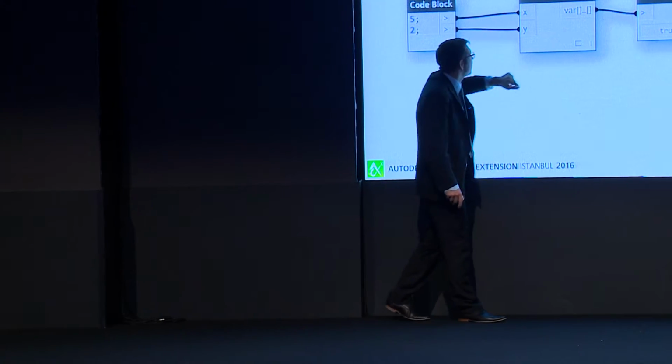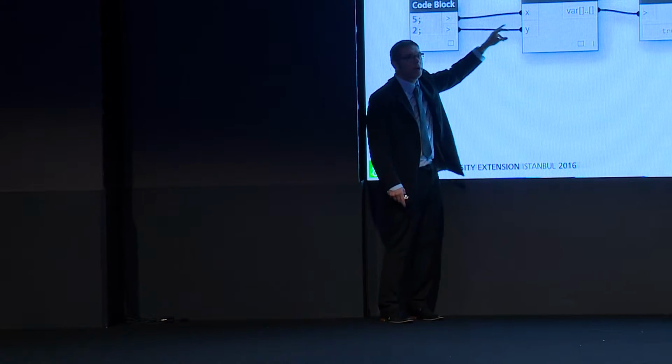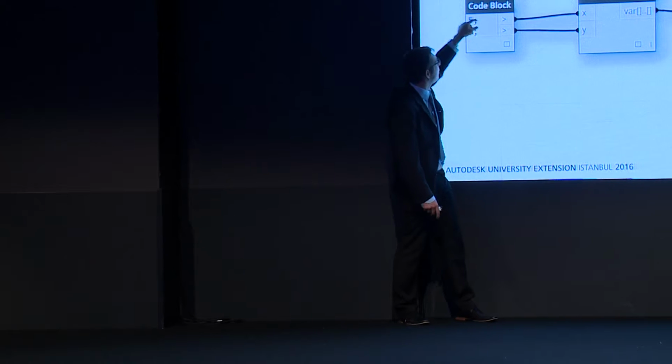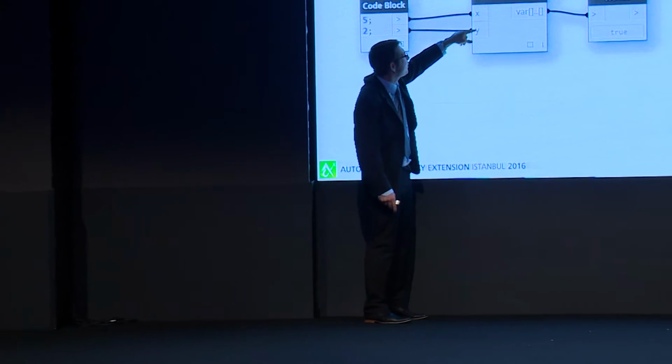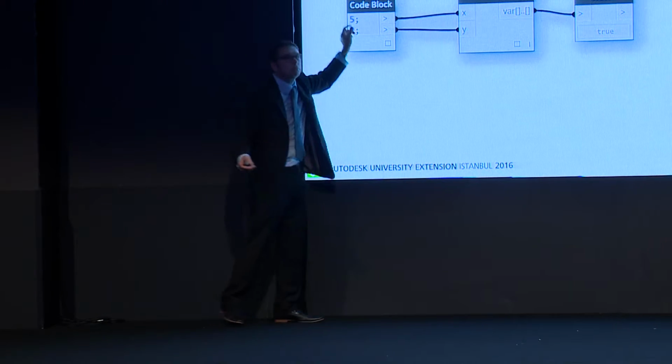It's a function, and nodes are connected with wires. Here you've got X and Y entries. You need two entries, of course. And by connecting all nodes with wires, you can create a visual script.